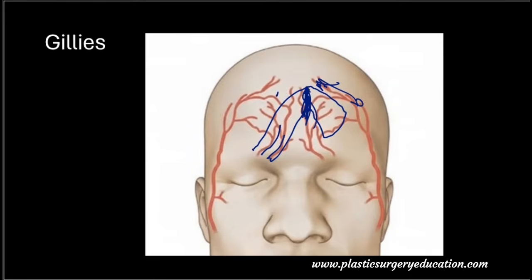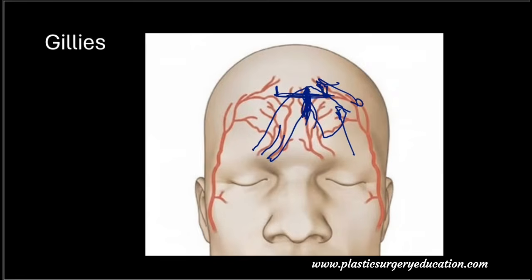Again I would like to mention that this part of the flap goes in the hair bearing territory very likely, but the distal part of the flap is in the non-hair bearing areas. So this design also includes tissue in the non-hair bearing area when the forehead is low set, when the hairline is low set.